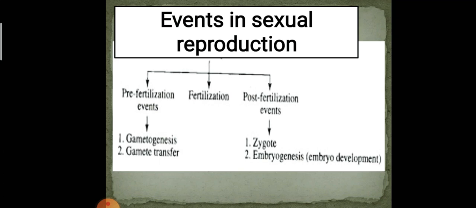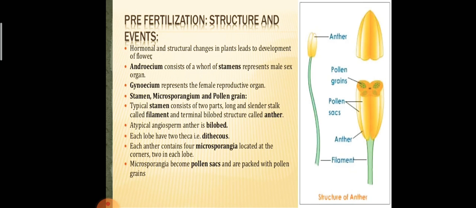So let's discuss the events in sexual reproduction, and first the pre-fertilization event, where we will discuss structure and events in male and female reproductive organs. Like we know, in a typical flowering plant, the androecium is the male reproductive whorl and the gynoecium is the female reproductive whorl. How these two whorls produce gametes, we have to discuss now.